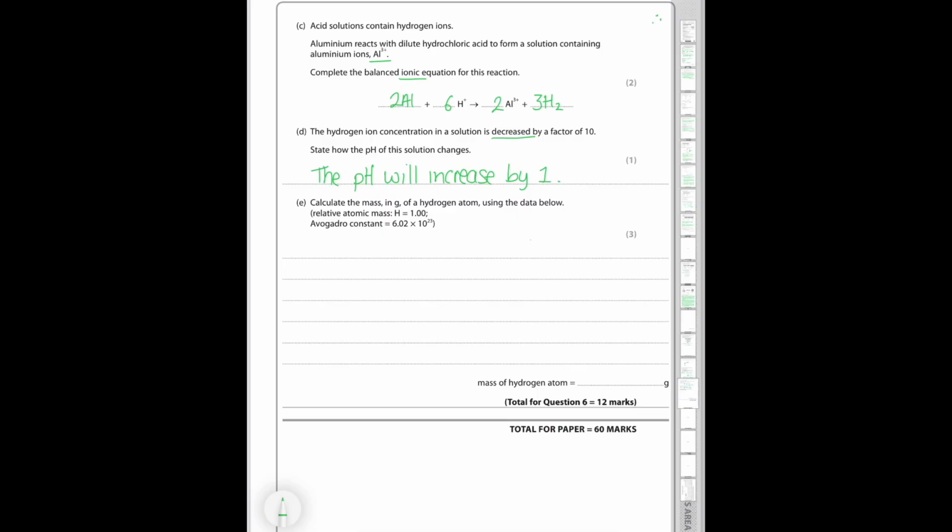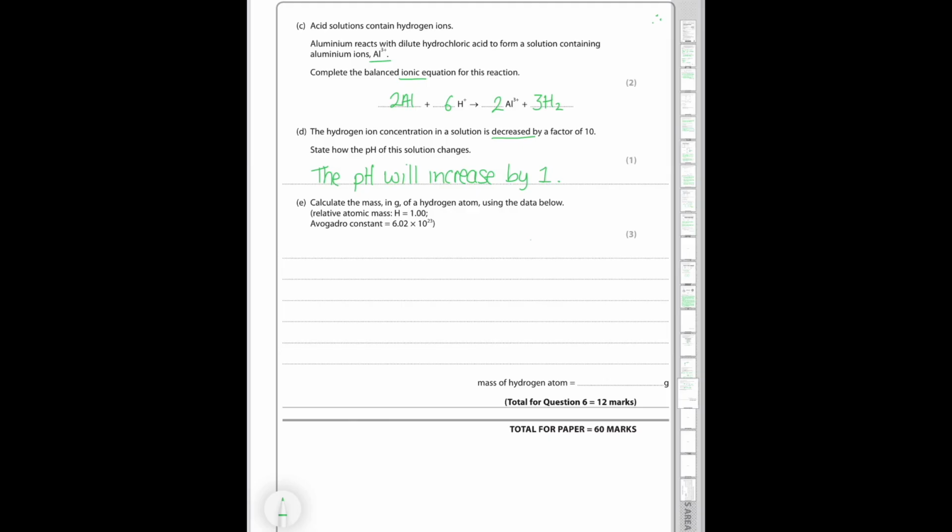Now for part E, it says calculate the mass in grams of a hydrogen atom using the data below. So the relative atomic mass of hydrogen is 1, and the Avogadro's constant, that is the number of atoms in 1 mole, is 6.02 times 10 to the power of 23.